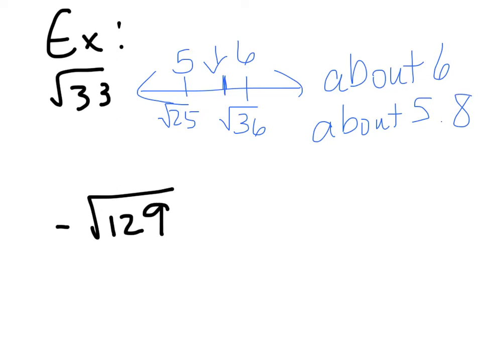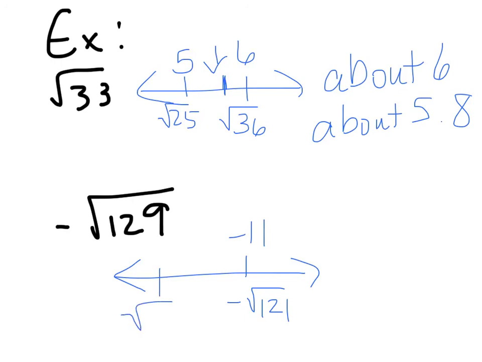Okay? Now, same thing with my negatives. The negative square root of 129. Think about my number line. Think about a perfect square that's close to that. But they're negatives. So let's say the negative square root of 121, because that's -11. But then remember, -129 is going to come on the left side of that.